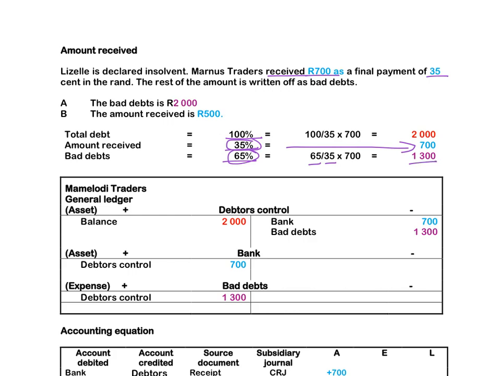The debtors have a debit balance of 2,000. You will decrease the debtors on the credit side with the amount received and the bad debt so that this account can be closed off. Bank will increase with the 700 that's deposited, and bad debts expense will increase with 1,300.